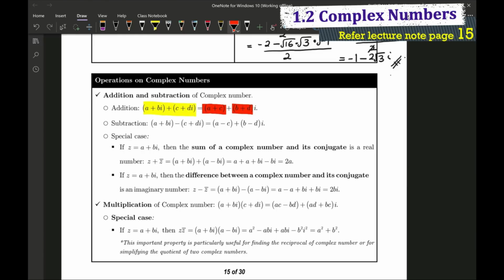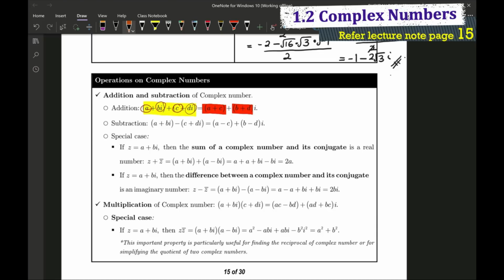We add A together with C, because A and C are the real parts. That's why A plus C. And B and D are the imaginary parts. That's why B plus D.